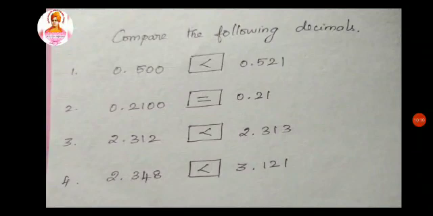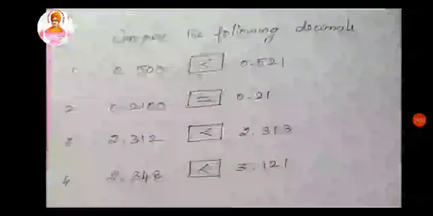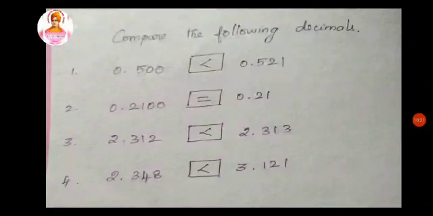So the left side first number is 3 here in the first number and the second number also 3. Then I move to the next place. The 100th place I have the value 1. There also 1. That also equal. So I move on to the next place. The 1000th place, in the first number I have value 2. In the second number I have value 3. So 3 is greater than 2. So the right side number is greater.